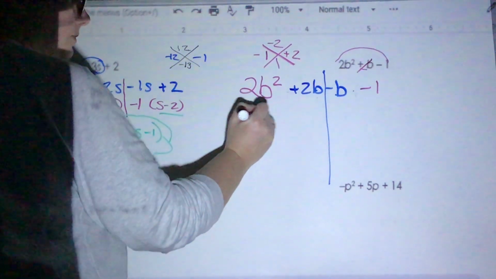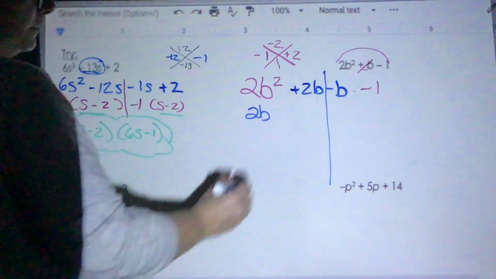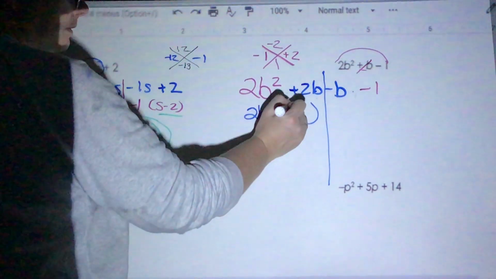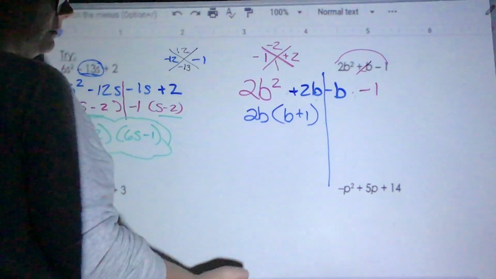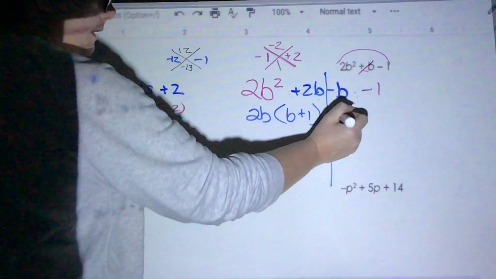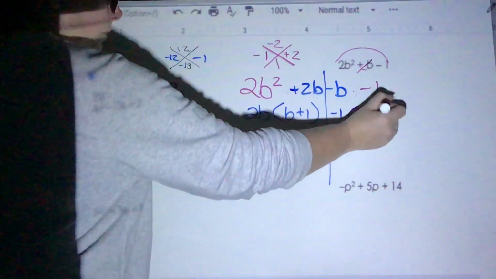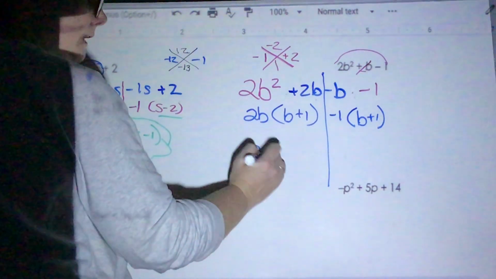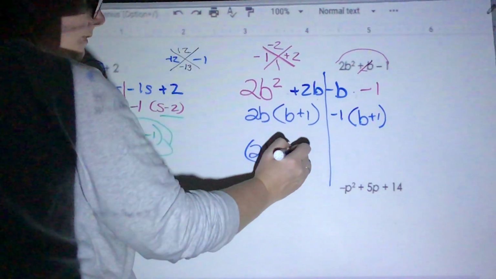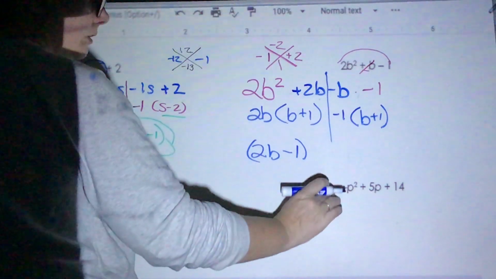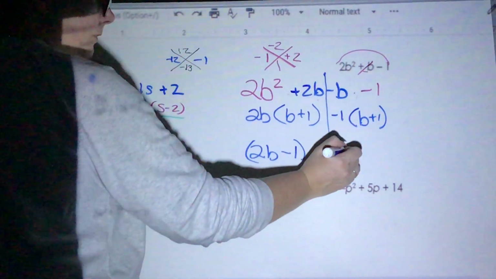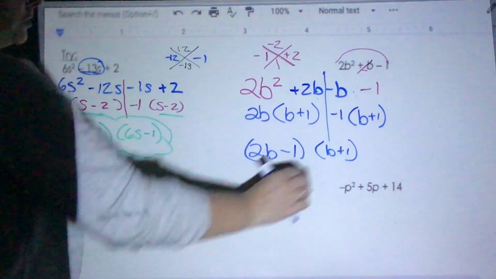My GCF is 2b. My parentheses would be b plus 1. Over here, I'm going to take out negative 1. And my parentheses would be b plus 1. So I get the same parentheses for my final answer. I'm just getting them in a different order, and the order doesn't matter because it's multiplication.